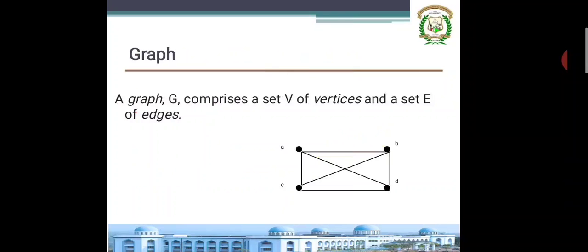Now, what is a graph? How do you define a graph? Graph G contains a set V of vertices and a set E of edges. But what is the definition?